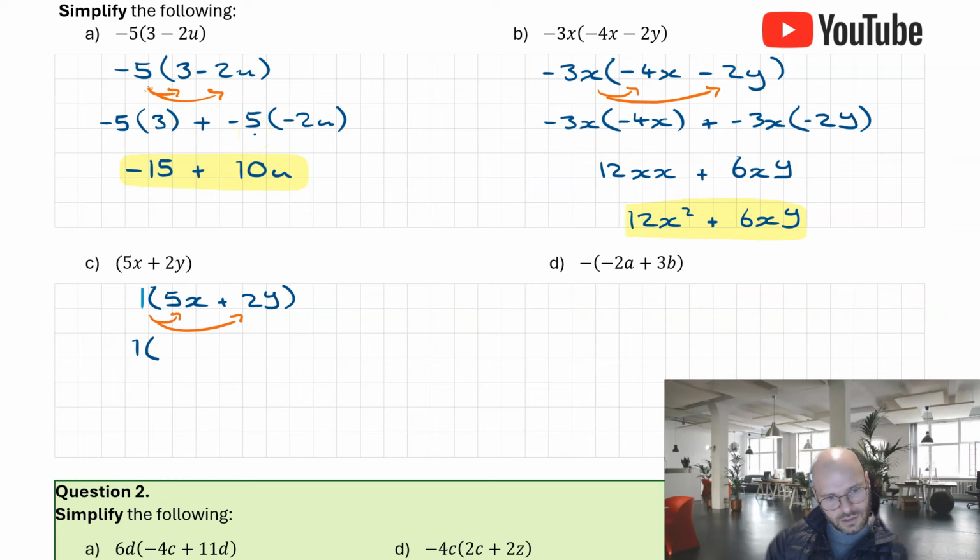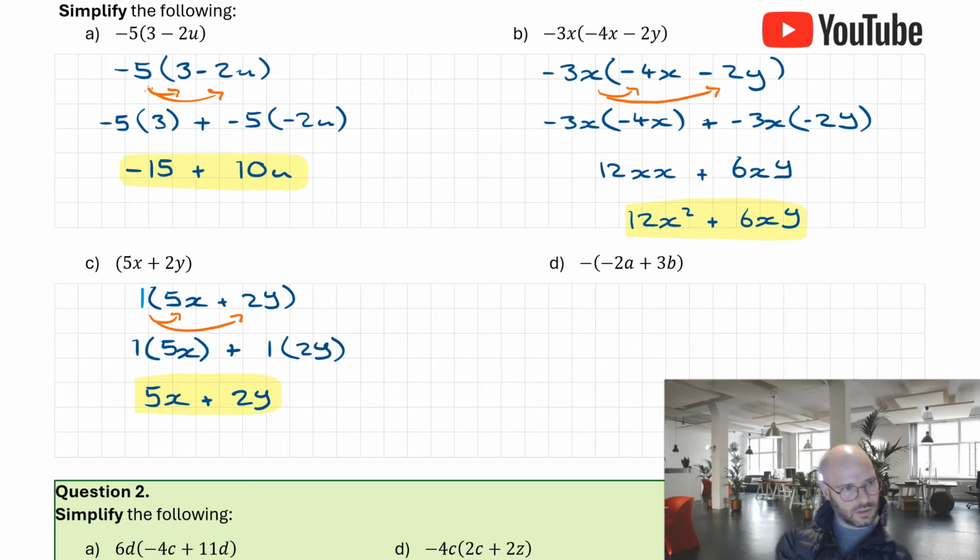Thus, the expansion is going to be 1 5x plus 1 2y. Hence, the expansion is just 5x plus 2y. Now the rule for this is simply, if there is no product, just get rid of the brackets.